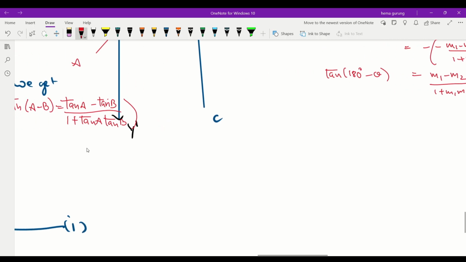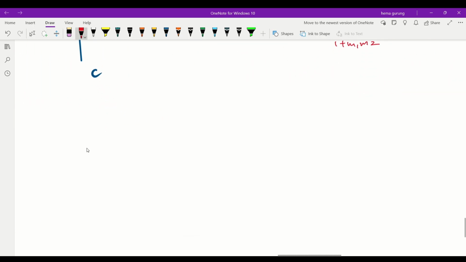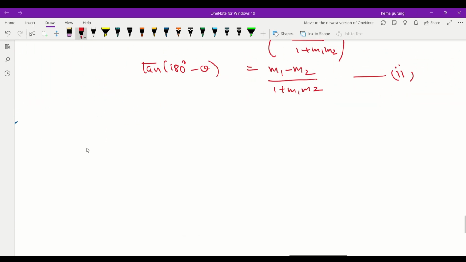So combining 1 and 2, we can write, if we keep theta as the angle between two lines which represents both acute and obtuse, it can be written as tan theta, where theta is the angle between two lines. It can be acute or obtuse, so plus and minus. I'll name it another way so that you don't get confused.